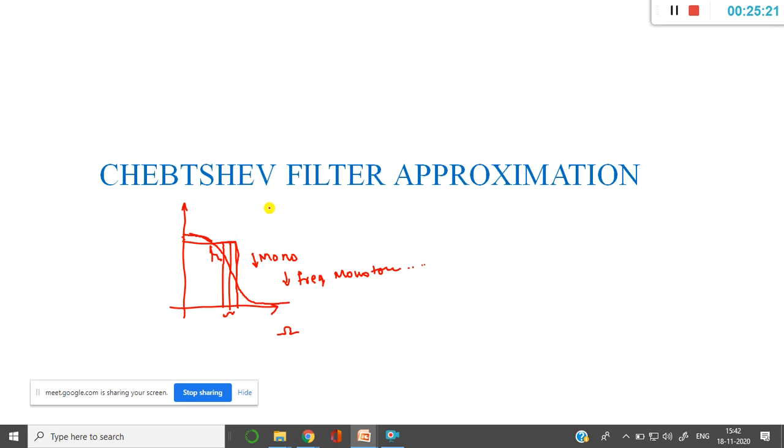Now for this we got a remedy, and that is the Chebyshev filter. I'm sorry, I made a typing error here. This is why I go with a Chebyshev filter. Here I am trying to get more approximate, or nearer, to my ideal response.